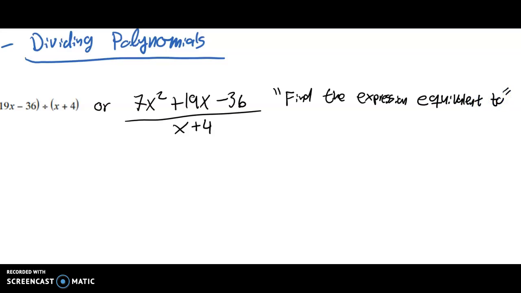So equivalent means the same. If we divide this, it's like saying that 16 over 2 is equivalent to 8. So equivalent just means that you have solved it.